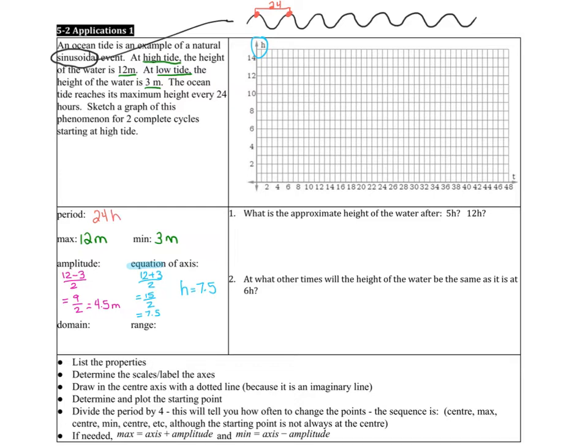Please don't forget to put units in when we are dealing with word problems. Now, the domain and range. Theoretically, the tide would continue indefinitely, so the domain would be x ∈ ℝ, but in this word problem, because it is using the variable t for x, your domain would be t ∈ ℝ.